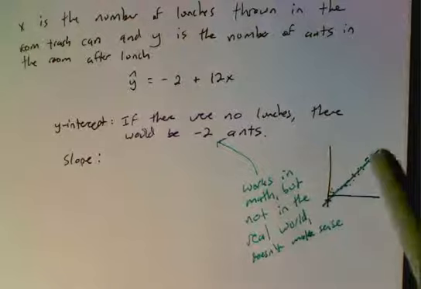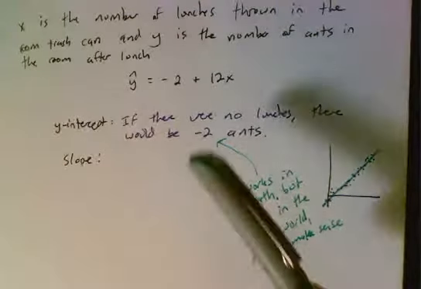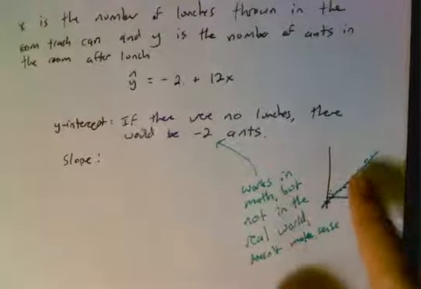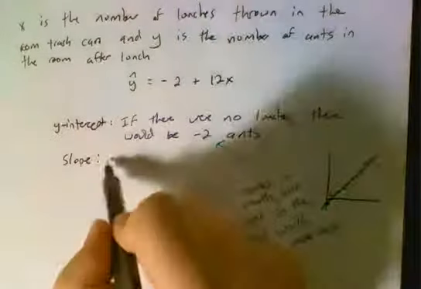It's just what we need to have in order to get the equation to line up right over here. So this is not uncommon, that our y-intercept just doesn't make sense in the real world. That doesn't mean it's wrong. It just means that we're not going to use that right near 0. We're just going to use it for ones where it's a better fit. And our slope is going to be just like normal.